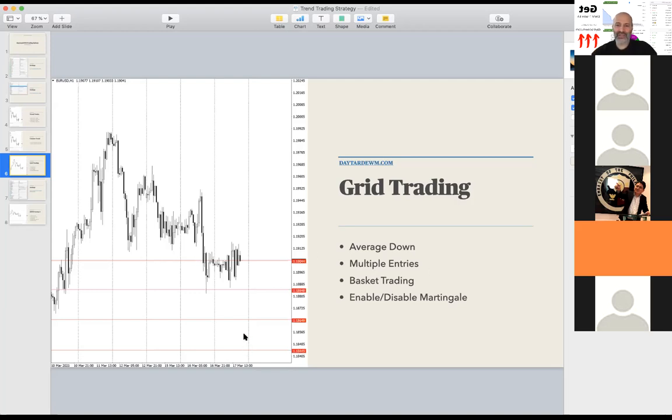So grid trading is an excellent solution for that, because it will allow you to work and make profit very well, even if you are not very accurate on your first entry price. You just need the market to be going sideways or moving in your direction.